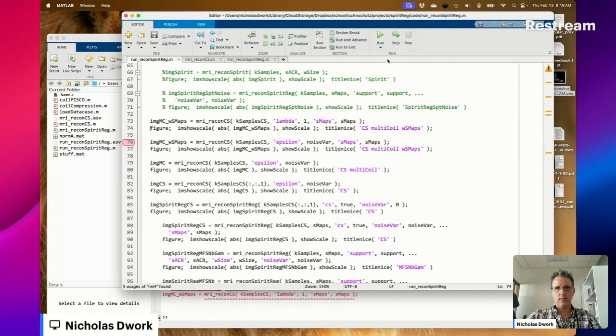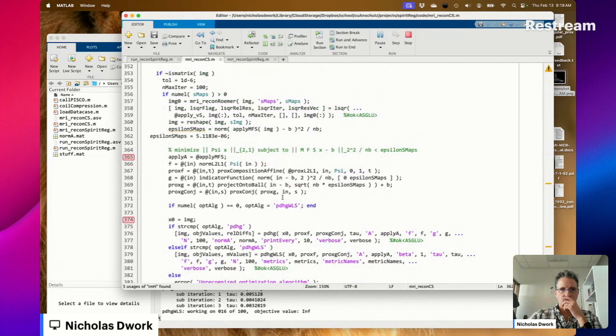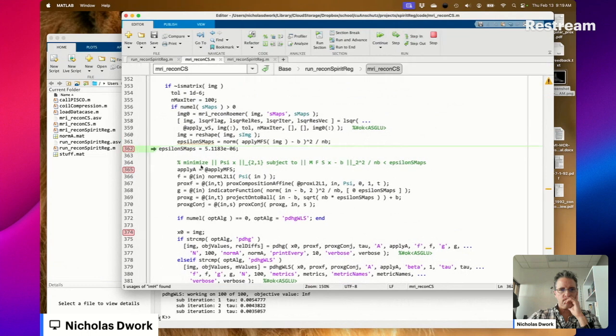Oh, this is not very different from the epsilon S maps we previously estimated, which is 7 times 10 to the negative 6.